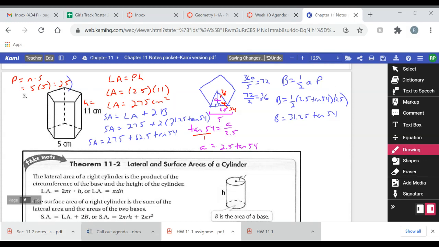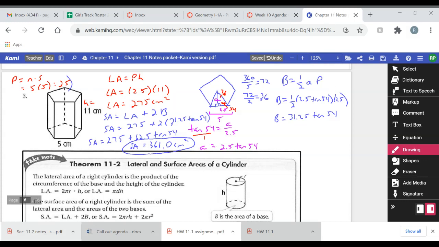And then if I plug it in my calculator, I get my total surface area is 361.0 centimeters squared. So if you just wrote 361, that's fine.